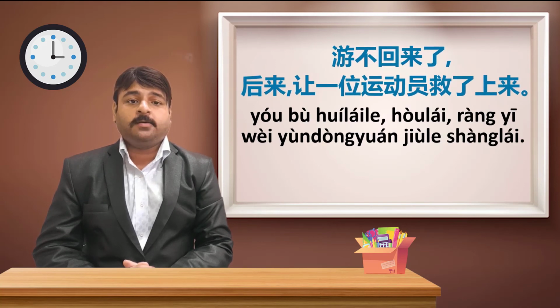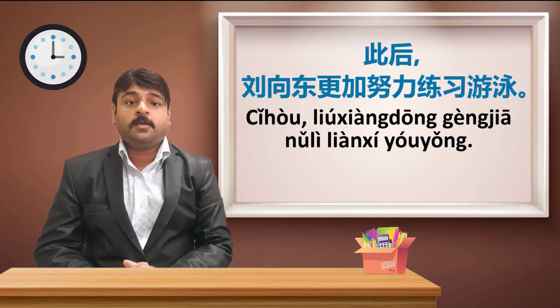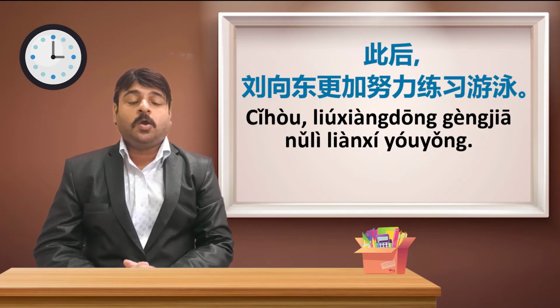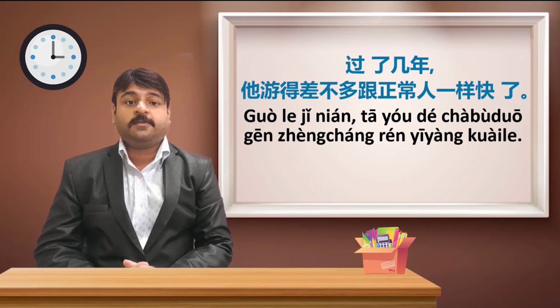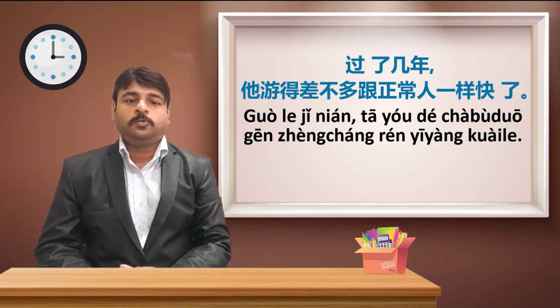又不能回来了, he could not swim back. 后来, later, 让一位运动员救了, later his life was saved by a sportsman. 此后, since then, 刘向东更加努力, Liu Xiangtong worked even harder, 练习游泳, practicing swimming. 过了7年, several years passed. 他游的差不多跟正常人一样快.